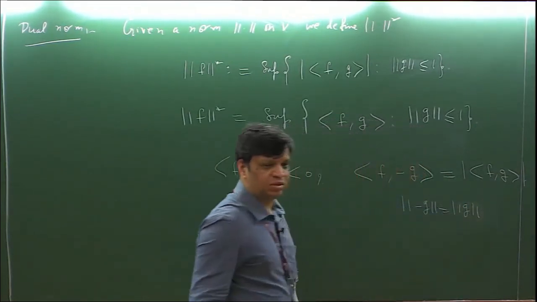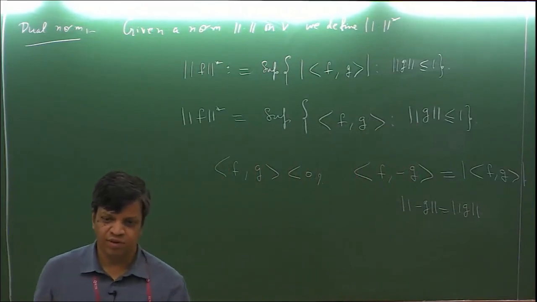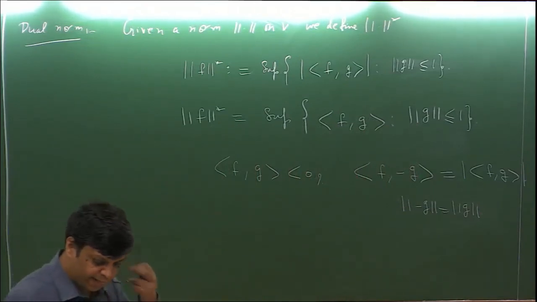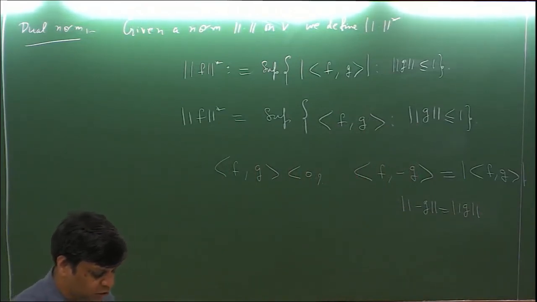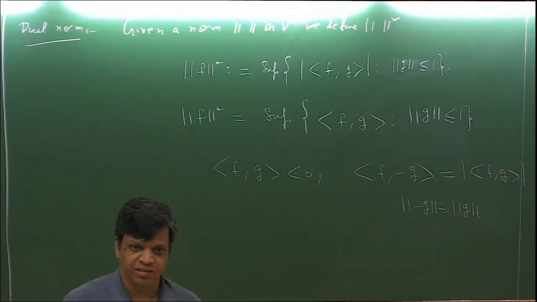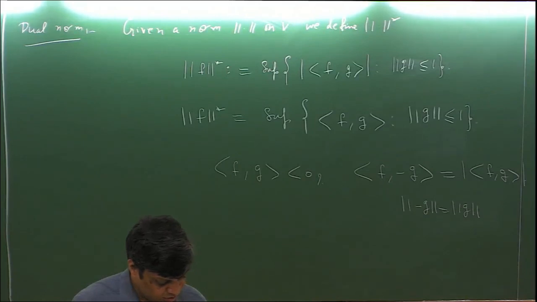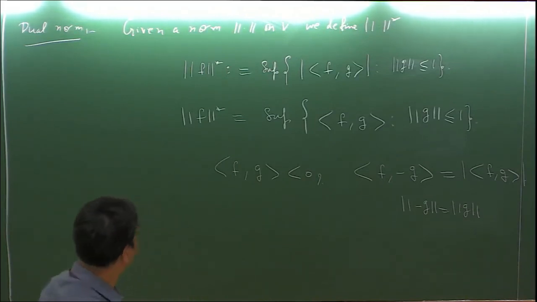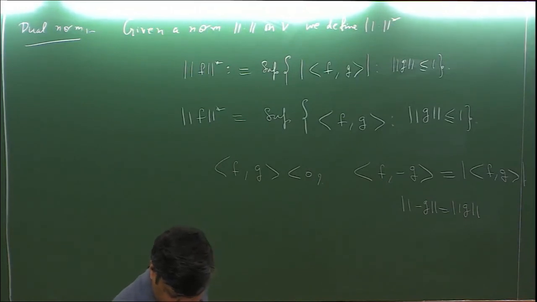So using this, we get that the dual norm is the same as the supremum of the inner product of f and phi with norm g less than or equal to 1.